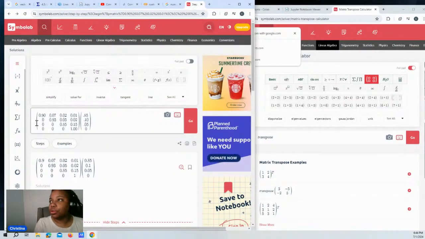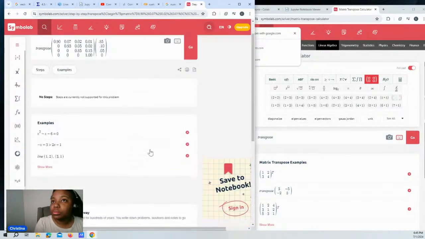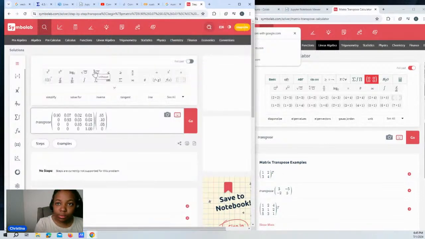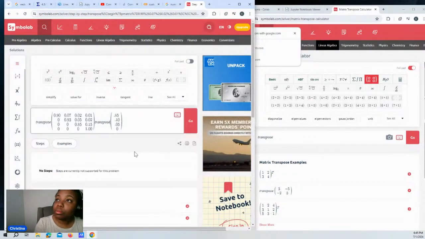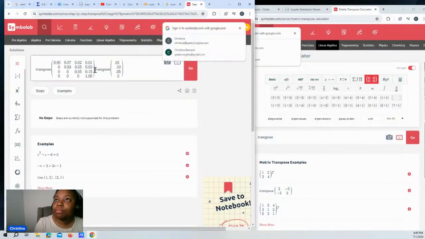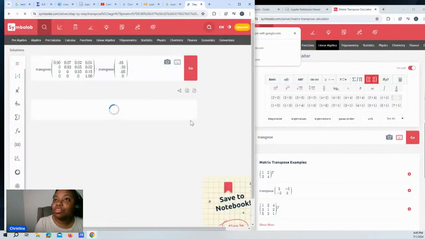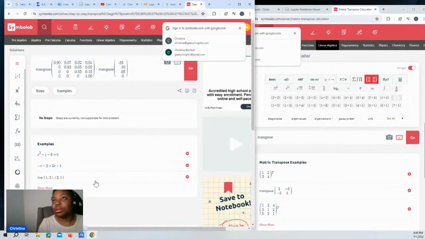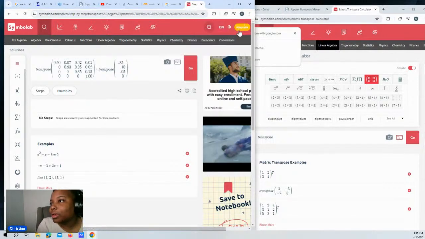So we put pose here. You know what? I might be typing in stuff that it just cannot comprehend. Okay, well, that was a bust. I broke it.